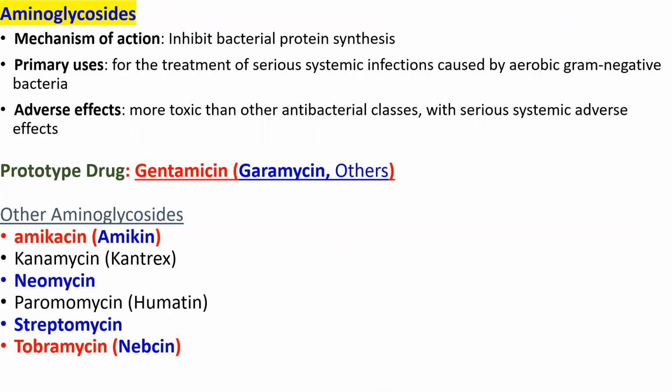Aminoglycosides. Aminoglycosides inhibit bacterial protein synthesis, and primarily they are prescribed for the treatment of serious systemic infections caused by aerobic gram-negative bacteria, mycobacteria, and some protozoa.